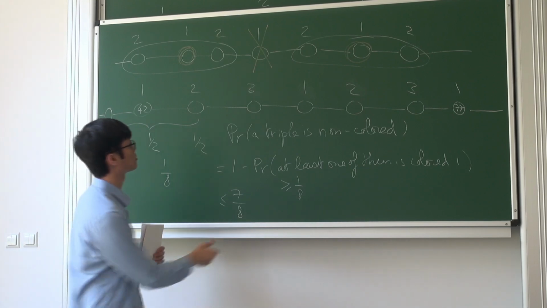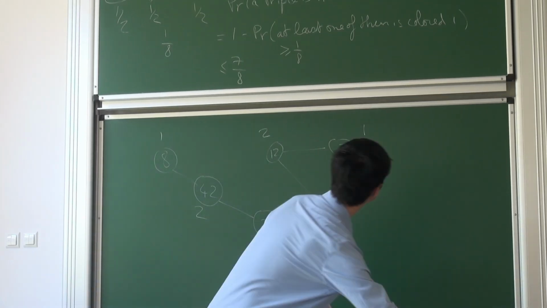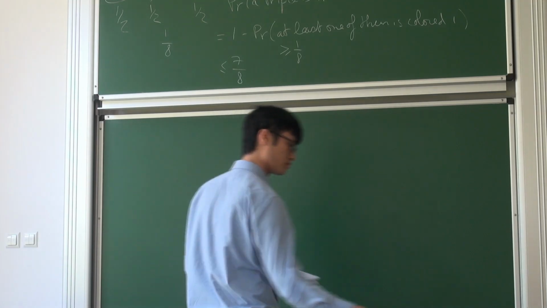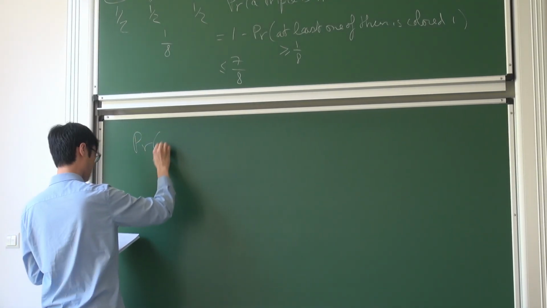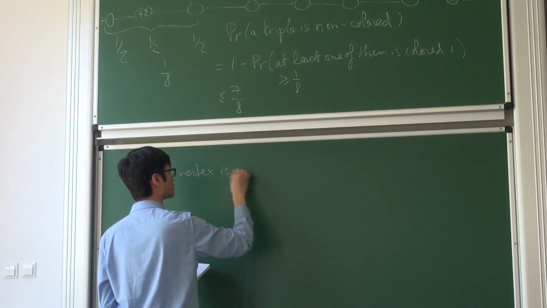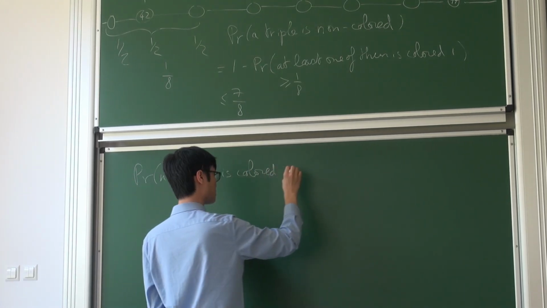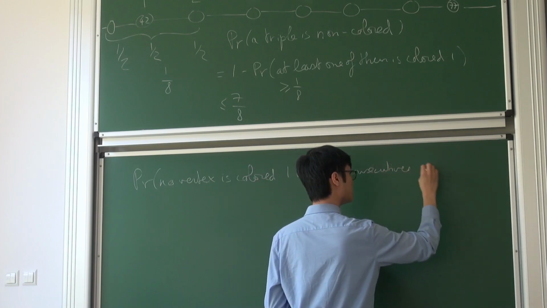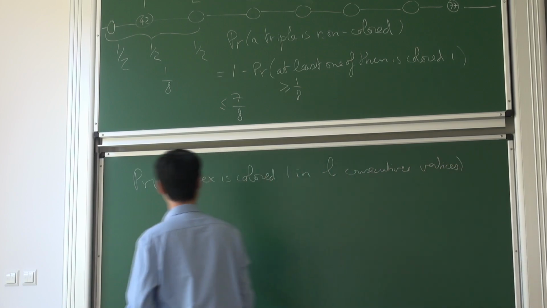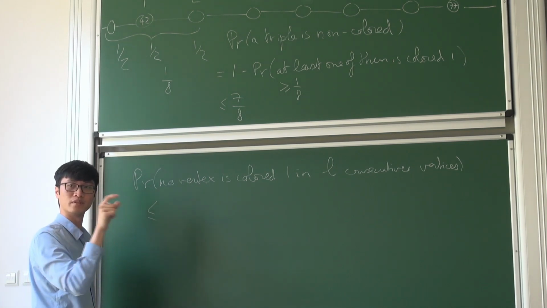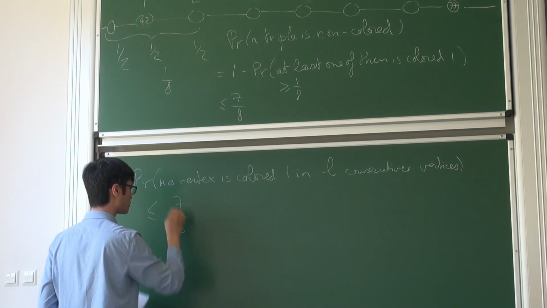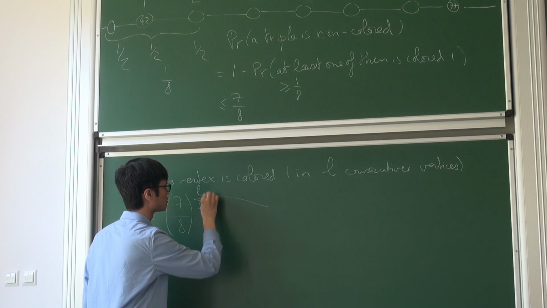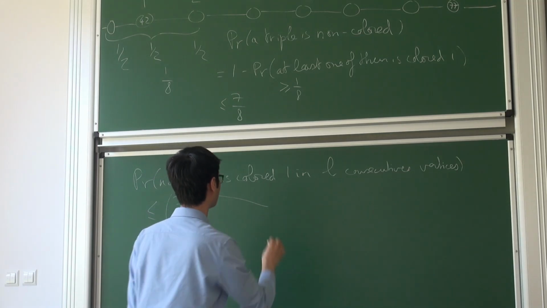Using this, I can say that the probability that no vertex is colored 1 in some L consecutive vertices is at most, taking them 3 by 3, (7/8)^(L/3). Now here, I'm taking L to be about log n.